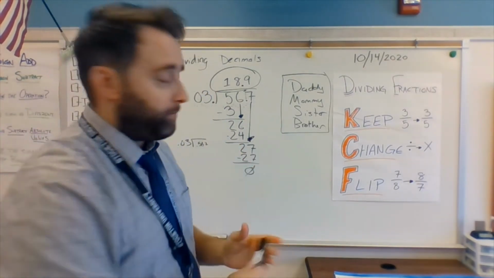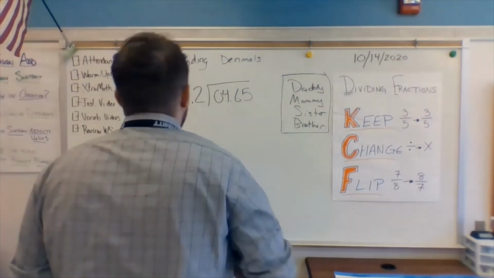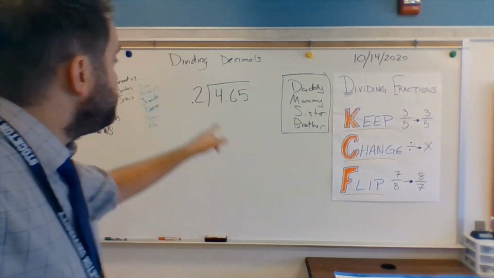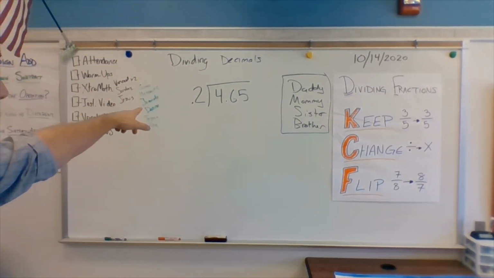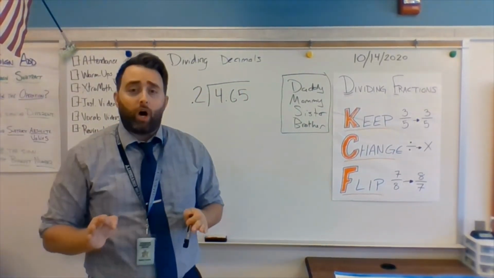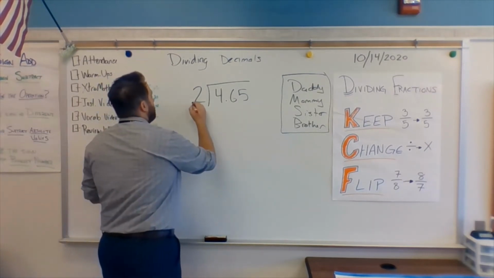Okay? I've got one more example for you. My problem: 4.65. How many times does 0.2 go into 4.65? Or 4.65 divided by 0.2. I can't do it, though, because the decimal is not where it's supposed to be.